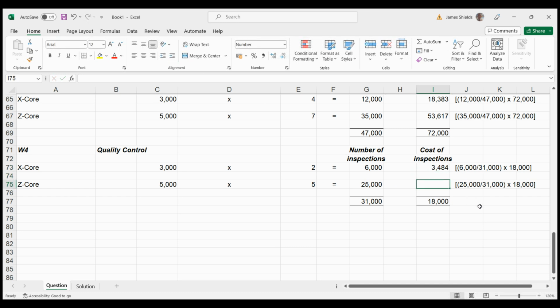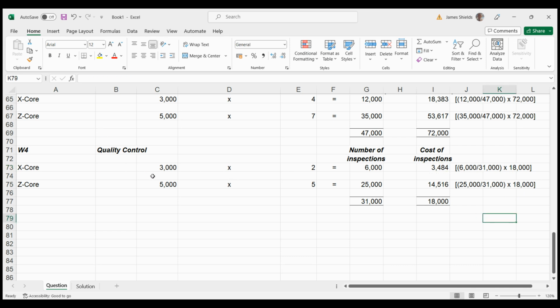And for the Z core, it would be 25,000 times 18,000 divided by 31,000. Now just check, they should come to a total of 18,000, which they do. Now you may have noticed when I was doing my calculation, to do it easier on the keyboard, I did 6,000 times 18,000 divided by 31,000. That's the same as 6,000 divided by 31,000 and then times 18,000.